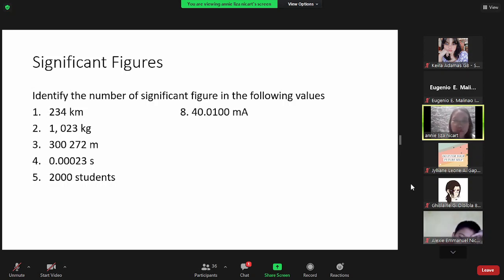This 2,000 students is an exact number. Exact numbers are numbers or values derived from counting. So all the digits there are significant, including zeros. Okay?